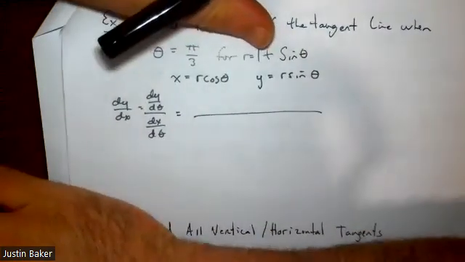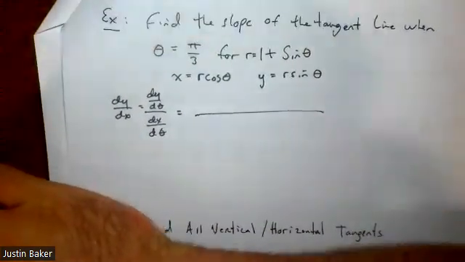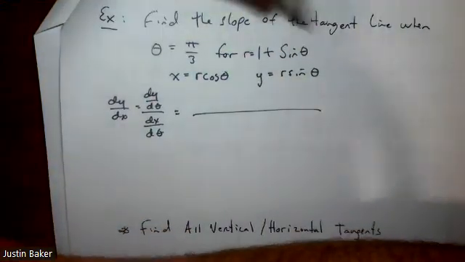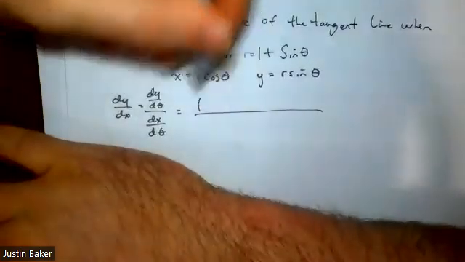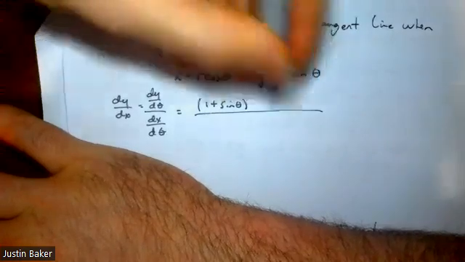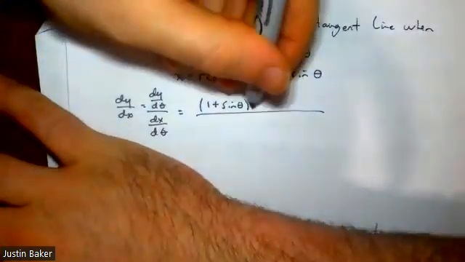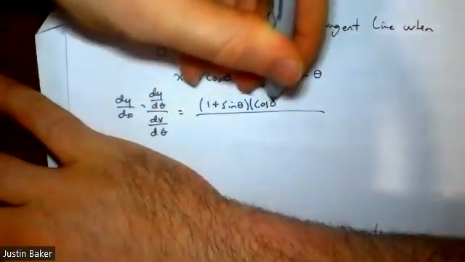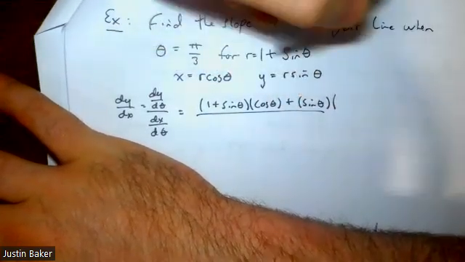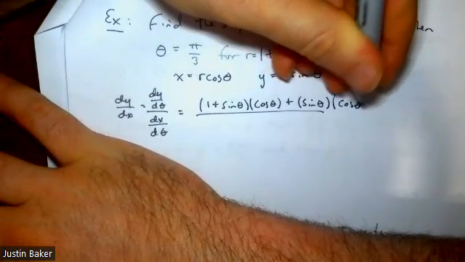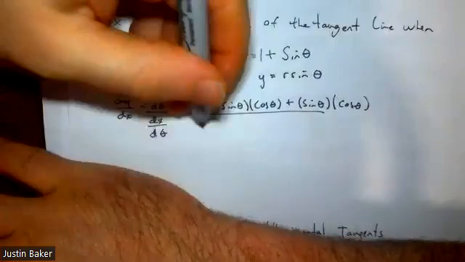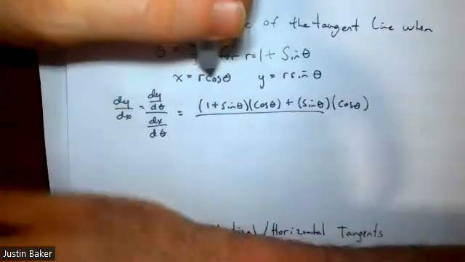Okay, so as we're starting with this one, we're going to be taking the derivative of the y stuff. So it's going to be first, which is r, derive the second, plus the second, derive the first. And then for the other one, we're taking the derivative of our cosine theta.